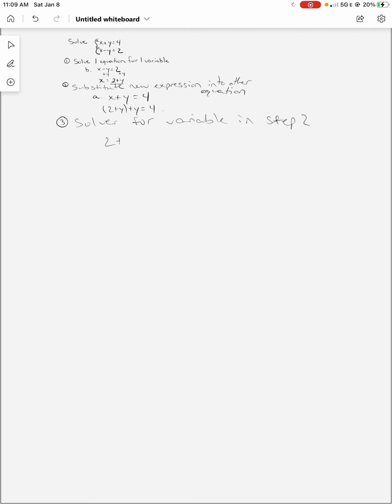So we have 2 plus y plus y equals 4, which is 2 plus 2y equals 4. So we subtract 2 from both sides. 2y equals 2. Divide by 2, y equals 1. So we found our first variable, y equals 1.